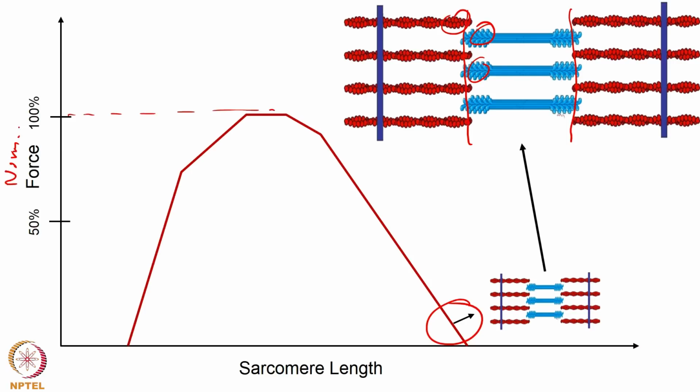Like you have stiffness, the slope of this relationship indicates some form of stiffness. Let us remember that for a spring F is equal to kx, where F is the force, x is the displacement, and k is the stiffness. This is a linear relationship.